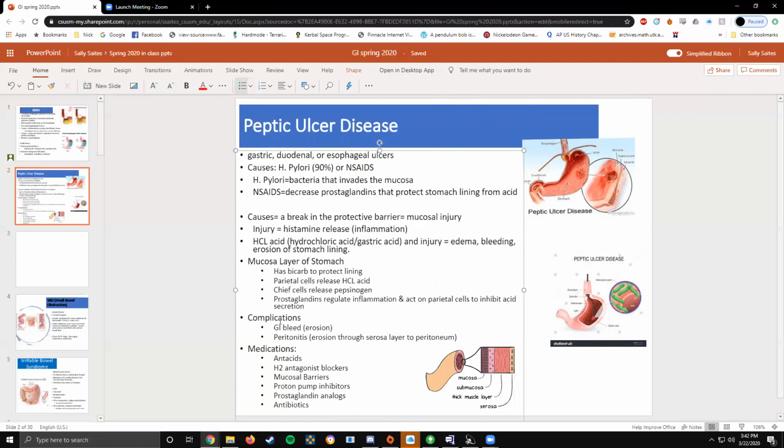You see how prostaglandin is a protectant, it regulates inflammation, so we can actually give prostaglandin supplementally. And then because we have H. pylori, we're going to want to give them the antibiotics for the actual bacteria itself. So they'll be tested for H. pylori, and if it comes back positive, they will have the antibiotics given to them.